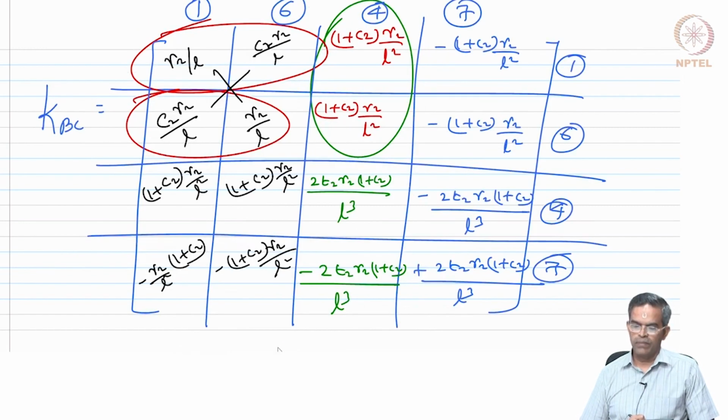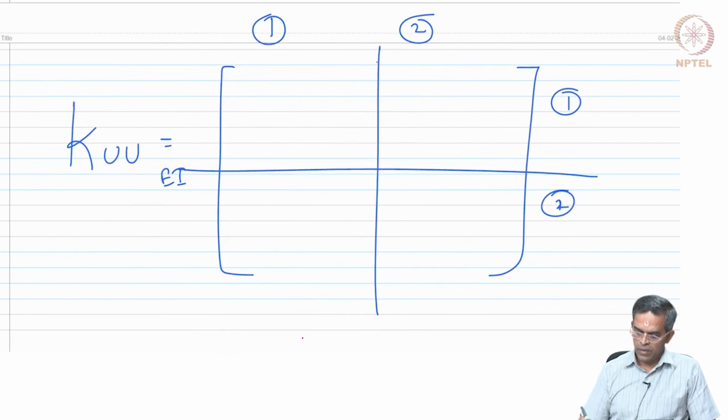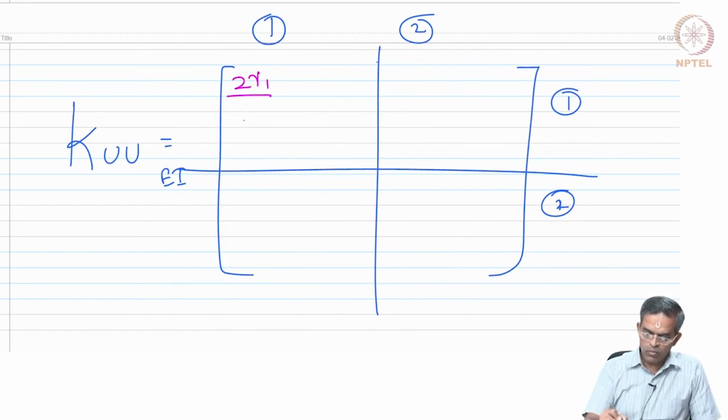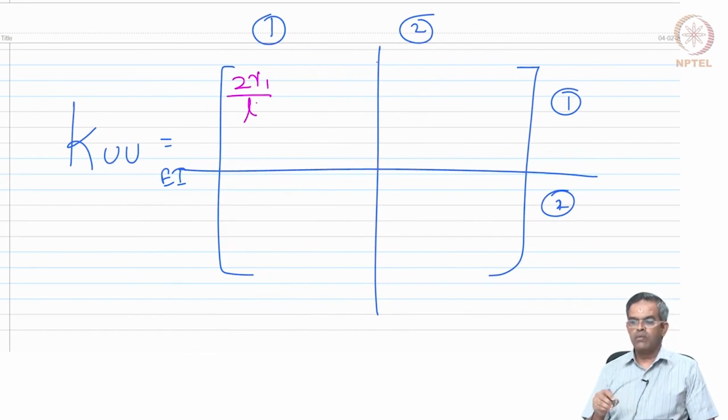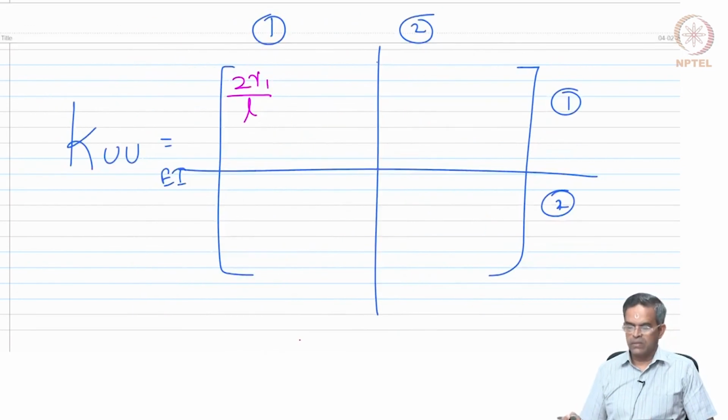So, K11 plus the other one is K1. Now, please note there is a 2 multiplier here. So, 2 R1 by L, L1 is the same.